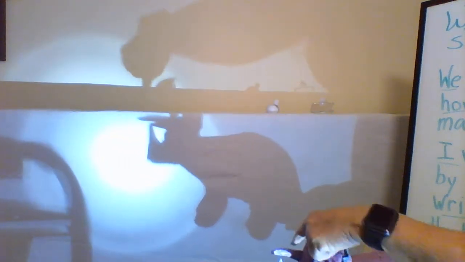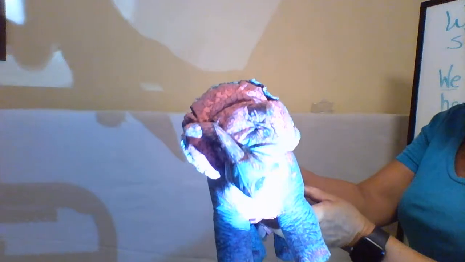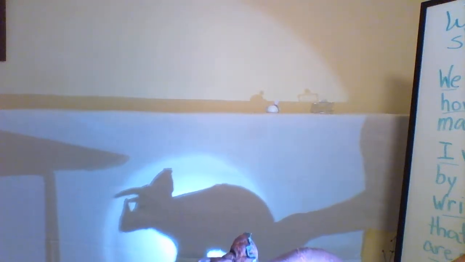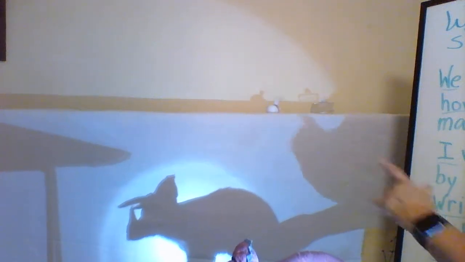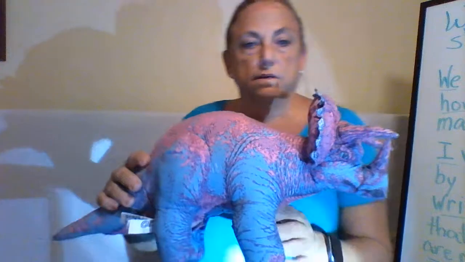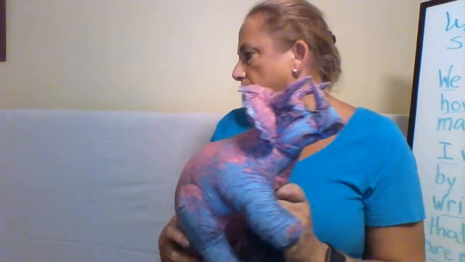It's got 3 horns. And it is a triceratops. But could you tell that it was blue and pink by looking at our shadow? No, because that shadow is just the blocking of the light. But when you look at it in the light, you can see we have Mr. Triceratops here.